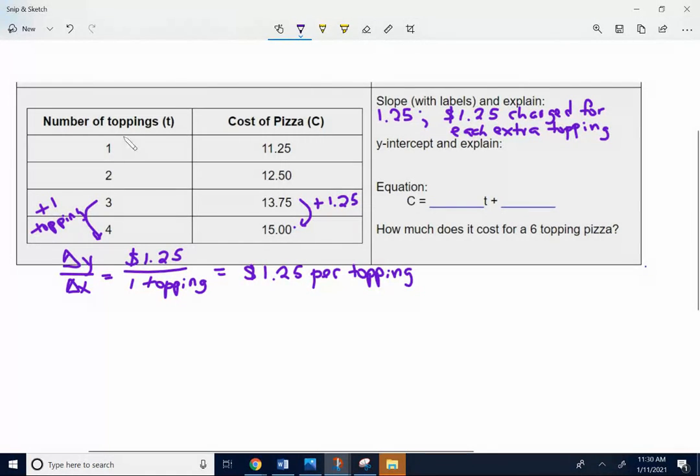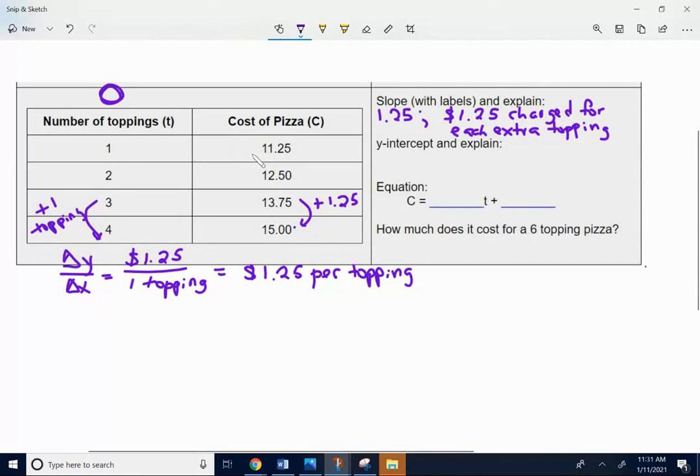Even though the first value you see on this data table is 11.25, corresponding to 1 topping, that's not what the y-intercept is. It needs to be the value that corresponds to x equals 0. So I need to figure out what the amount would be on my data table across from 0.